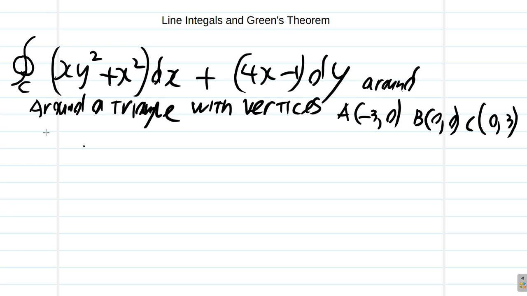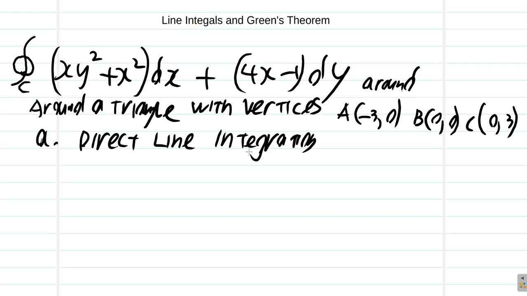So I want you to use what you have learned from watching those examples and what you have learned otherwise to complete this integration: A, by using direct line integration, and B, by Green's theorem.